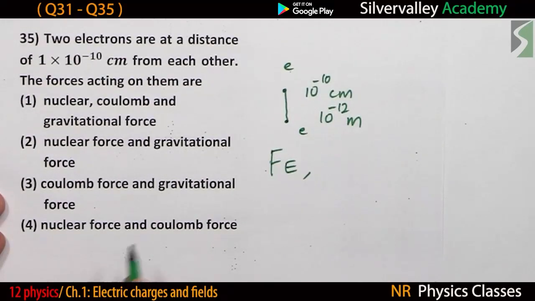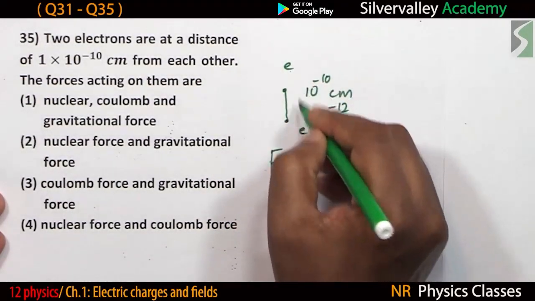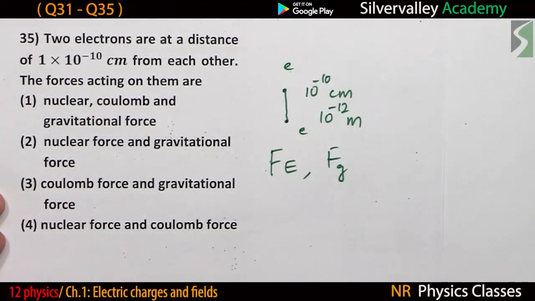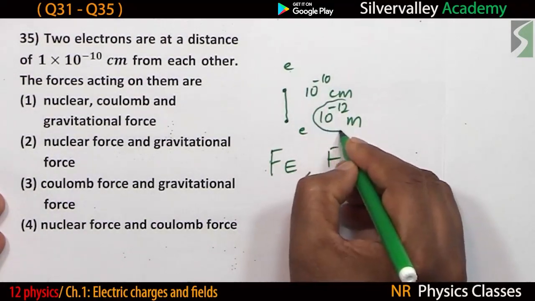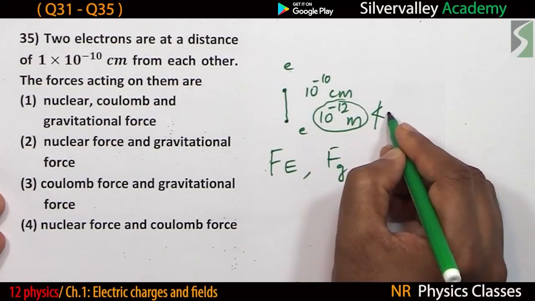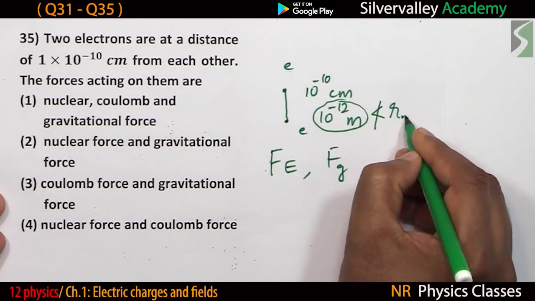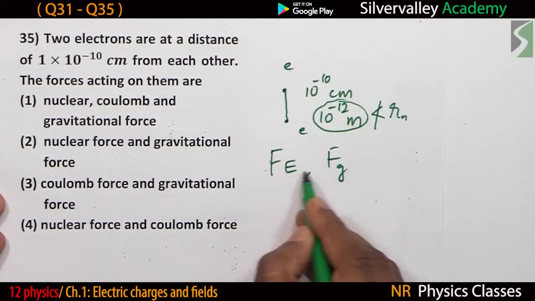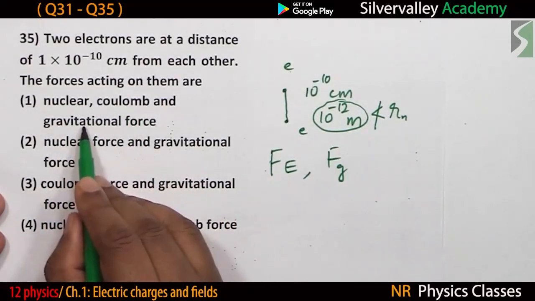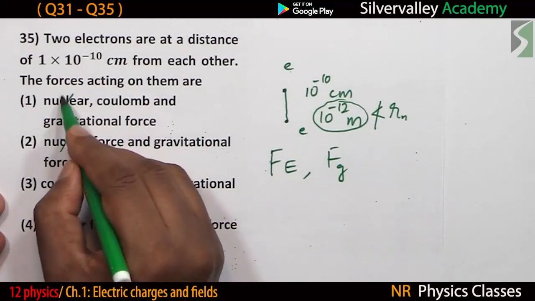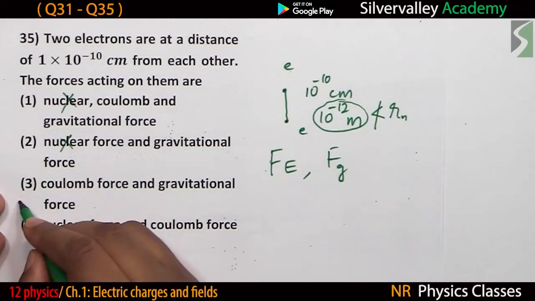Second, electrons have masses, therefore gravitational force. This distance is not less than nuclear radius. Therefore, nuclear force is absent. Only these two forces: Coulomb and gravitational.